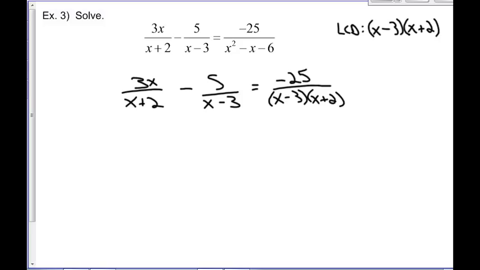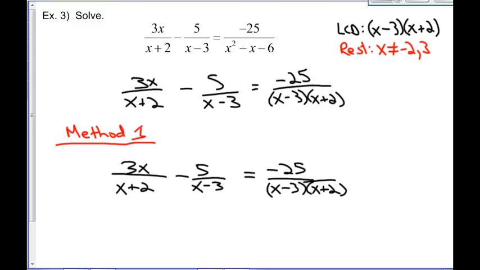And that in turn tells us the restrictions. That x cannot be negative 2 or 3. Okay, method 1 was just multiply by the LCD right off the bat. So that's what we'll do. Left side by x minus 3 times x plus 2.